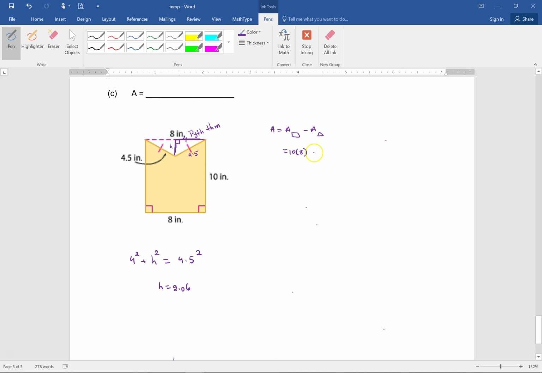So the total area is 10 times 8 minus half times 2.06 times 8 this time. And the total area is 71.76 inches squared. And there you have it.